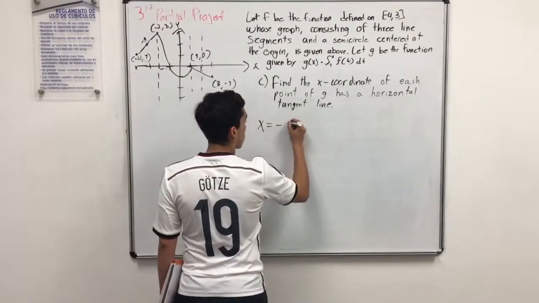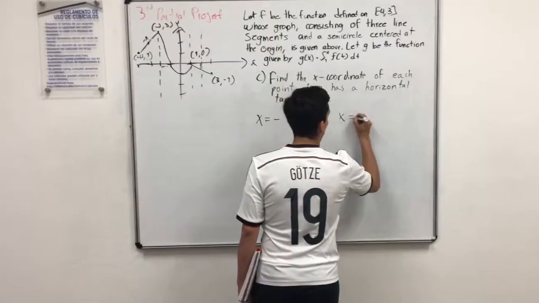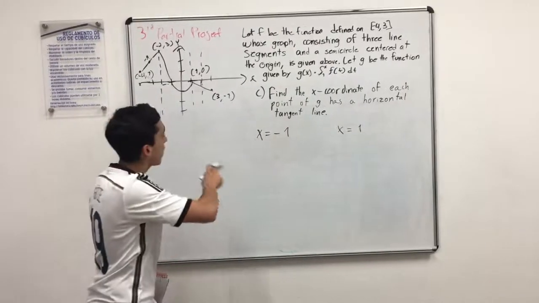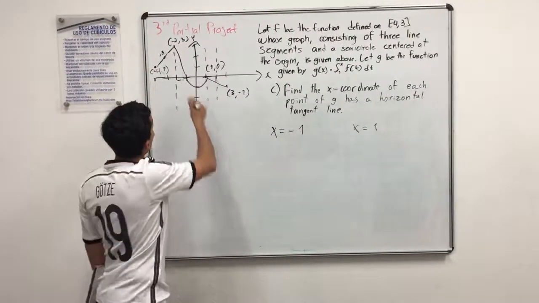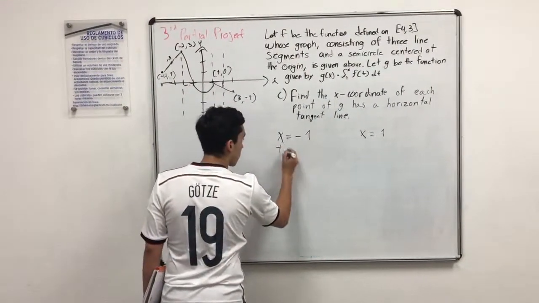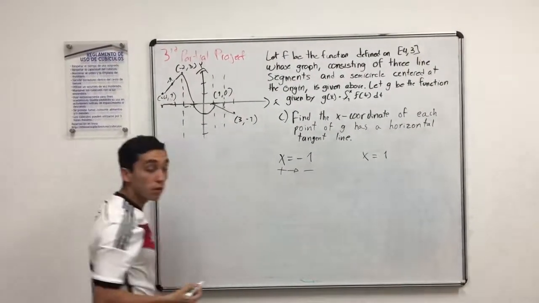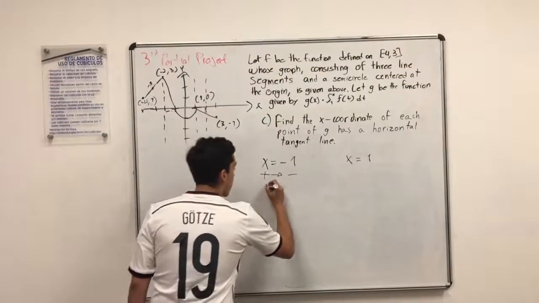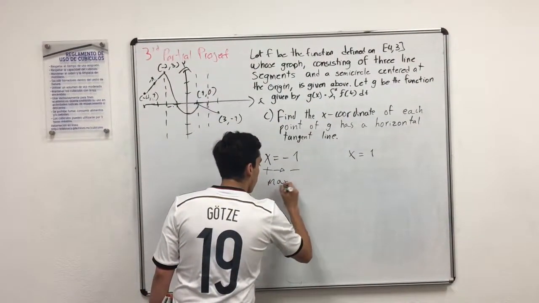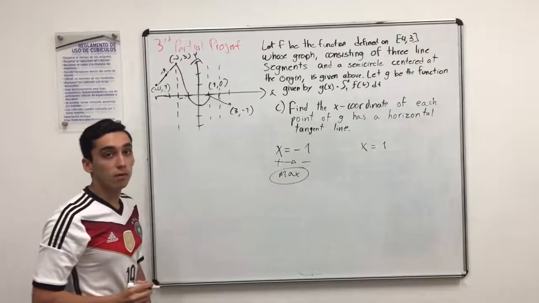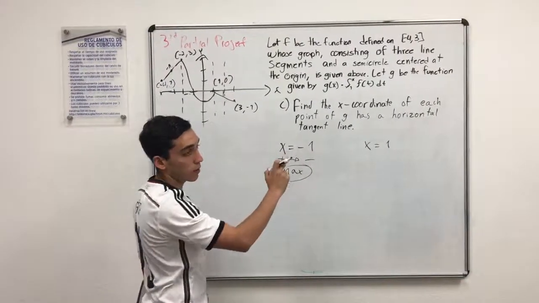At x equal -1, f goes from positive to negative. This means we have a maximum at x equal -1.